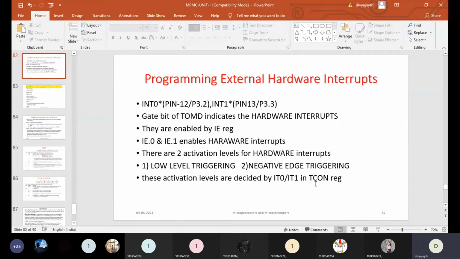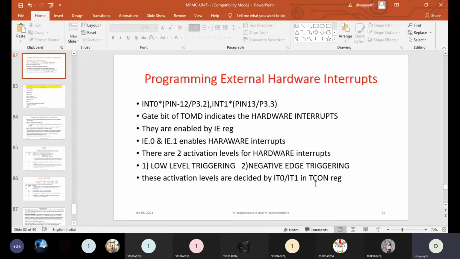And externally, if any device has some work with the controller, and if that particular device is connected to the controller and the information related to that device is listed in the program, then those are called hardware interrupts. That means in order to program the hardware interrupts, information related to the hardware interrupt will be put in the form of a program.